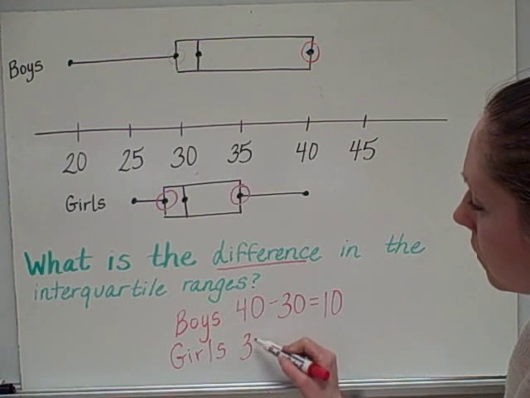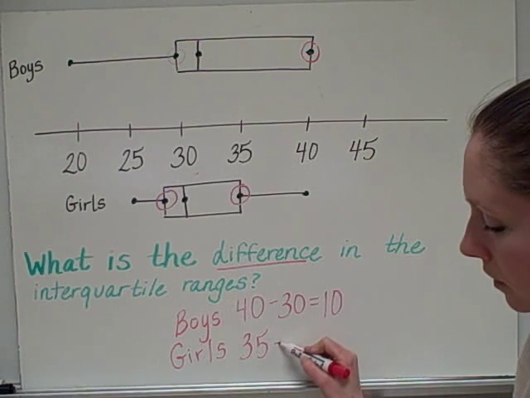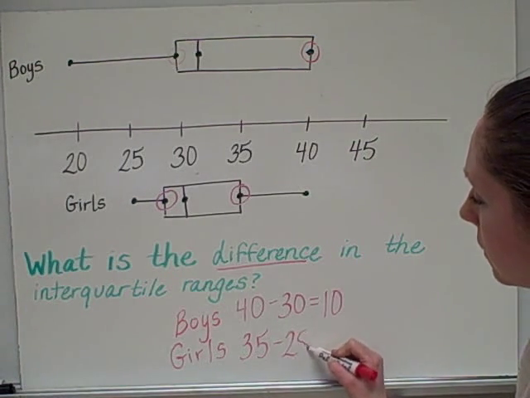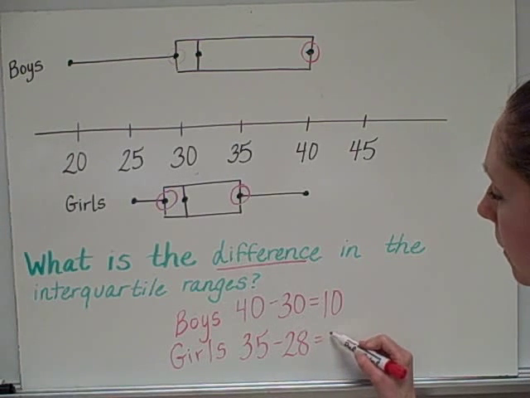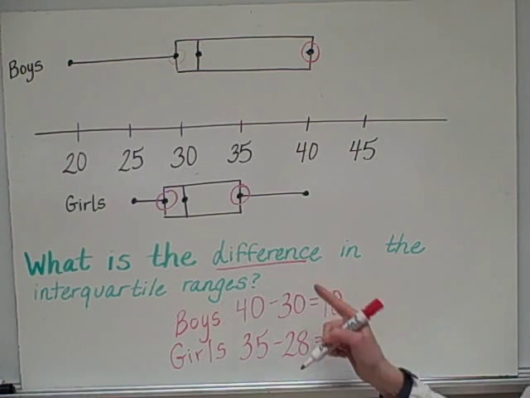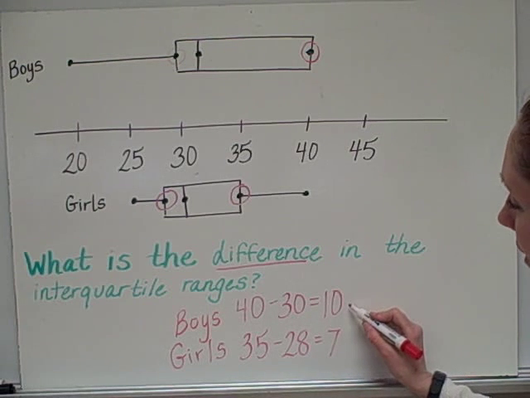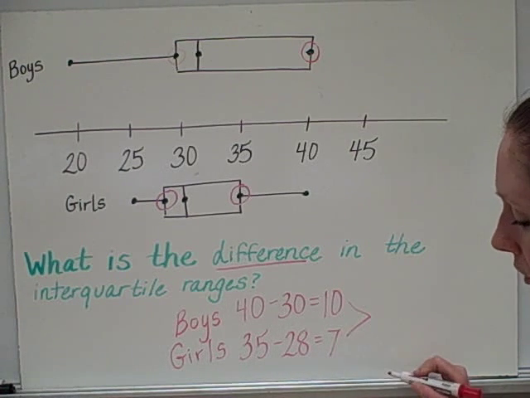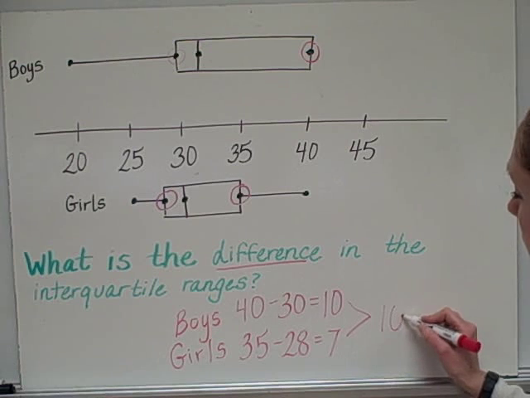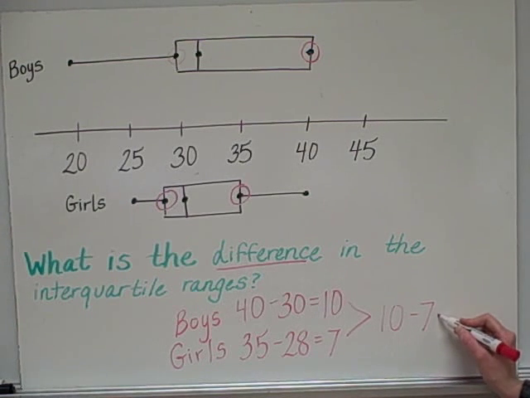Subtract the two. 35 minus 28 is 7. So to find the difference between the two, I just have to find the difference between these two numbers. 10 minus 7 equals 3.